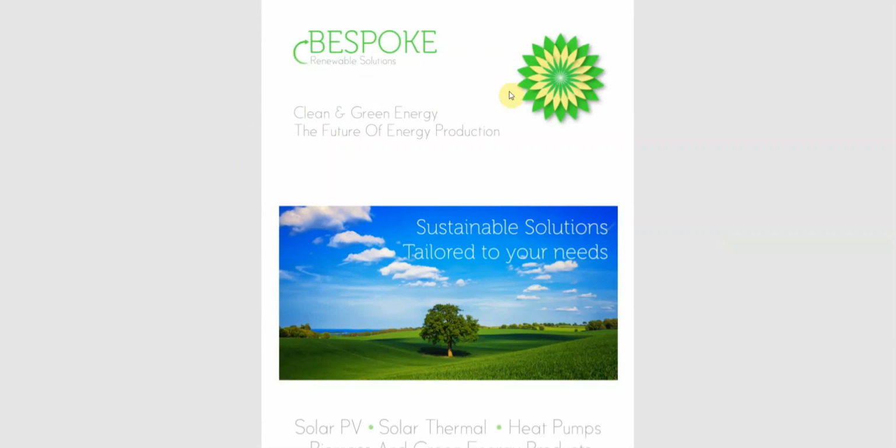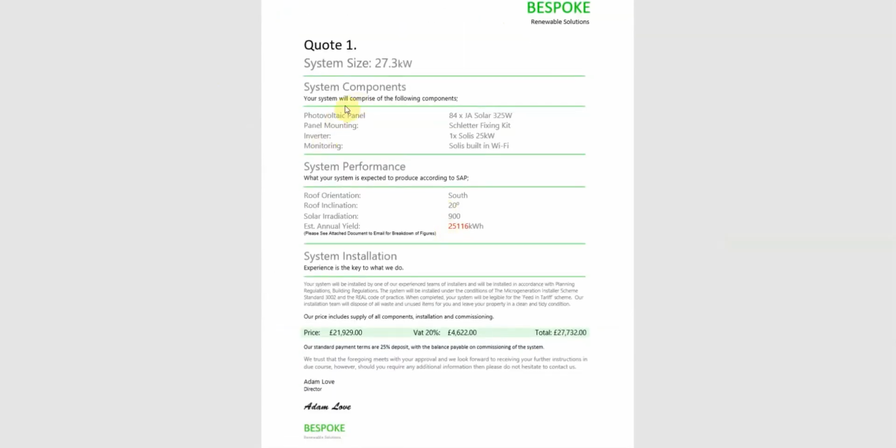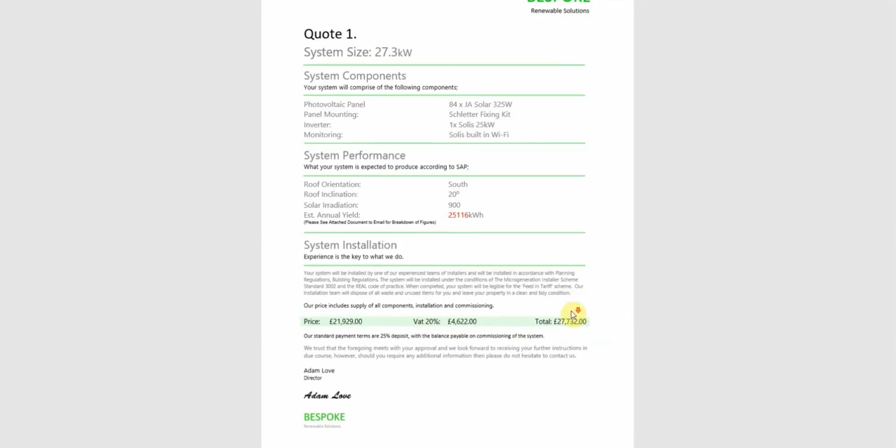So here you go, this is the quotation. Come down, there'll be a little letter for you. Panels 84, what size they are, what fixing kit we're using, what inverters, monitoring, so you can monitor the system and we can monitor the system for you, total size of the system, and the price on this would be nearly 22,000. Obviously you'll claim your VAT back.